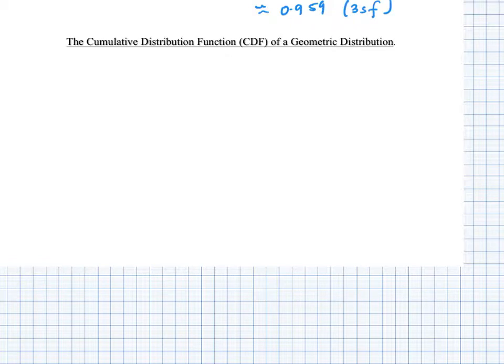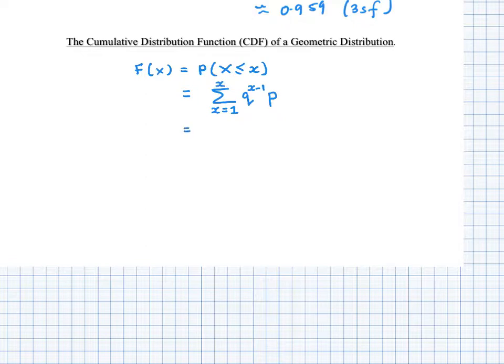Okay, let's look at the cumulative distribution function of a geometric random variable. So we have CDF F(x) equal to P(X less than or equal to x) by definition of a CDF, and it is equal to the sum of Q to the power of x minus 1 times P, where x starts from 1 to the value of x that you want.